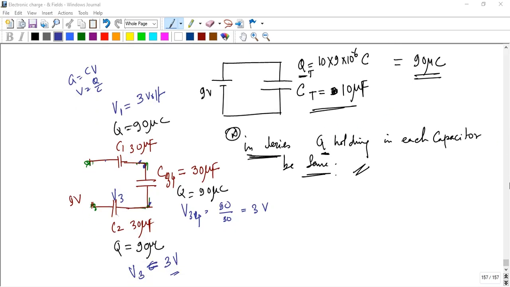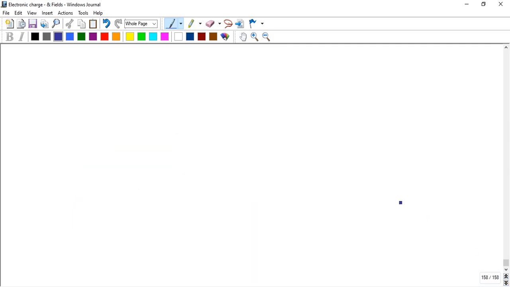Now let's solve another similar numerical. It is given from the Resnick Halliday book actually, and a diagram is given. Suppose question number 2.